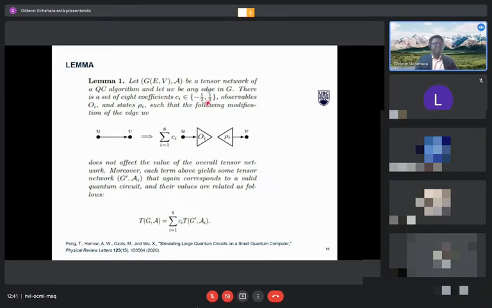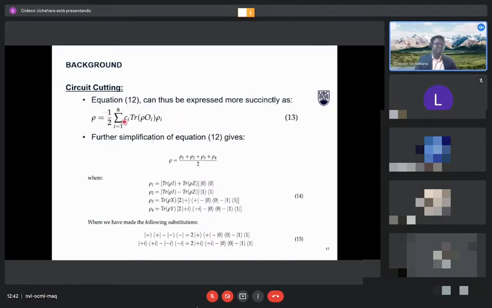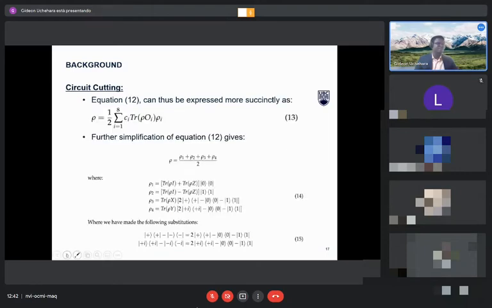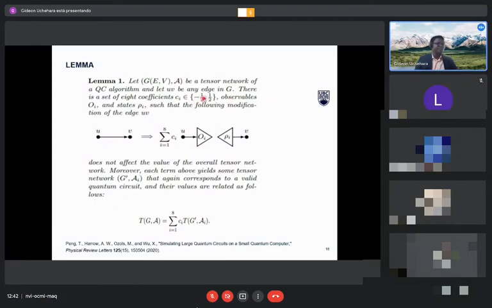It says that there are some 8 coefficients. If you recall from this equation here, how we came about this 8 summation term was from these terms. Counting this, you're going to have 8 terms here. So there are these coefficients Ci, which consist of minus half and plus half.